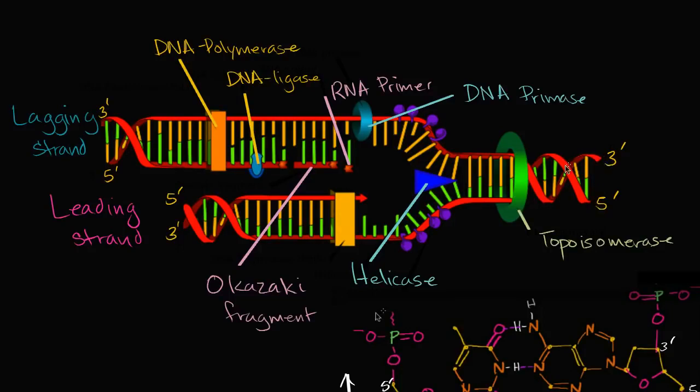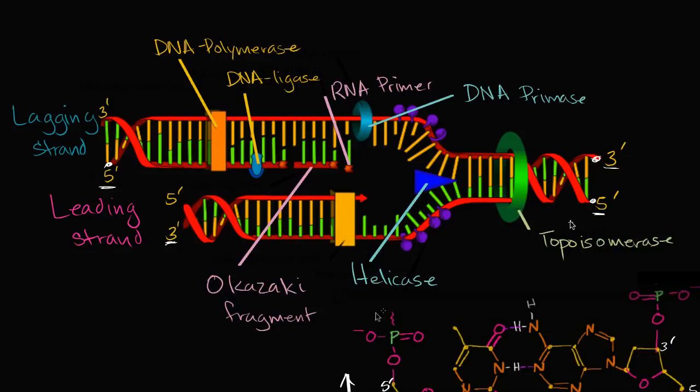This 3', if you follow it all the way over here, this is the corresponding 5' end. So this and this are the same strand, and this one, if you follow it along, all the way over here, is the same strand. So this is the 3' end of it, and then this is the 5' end of it.